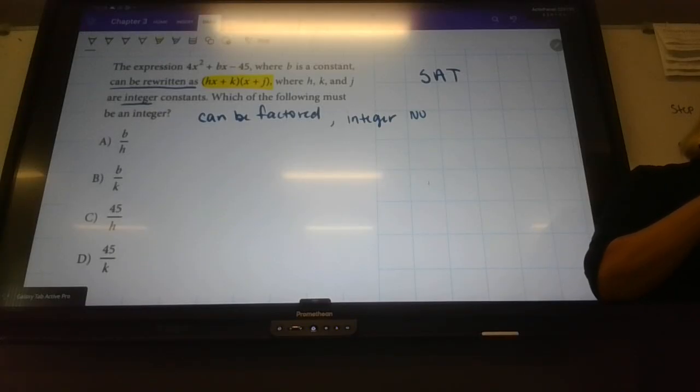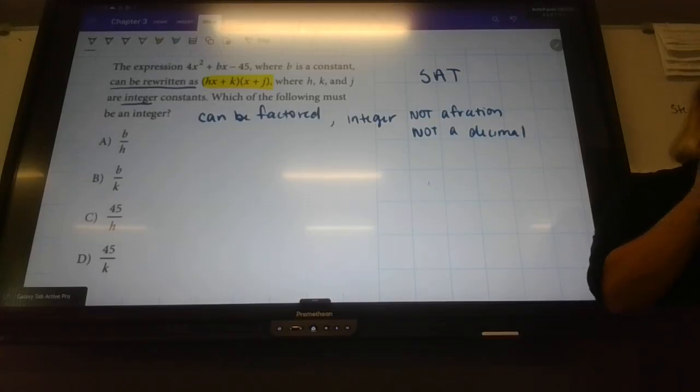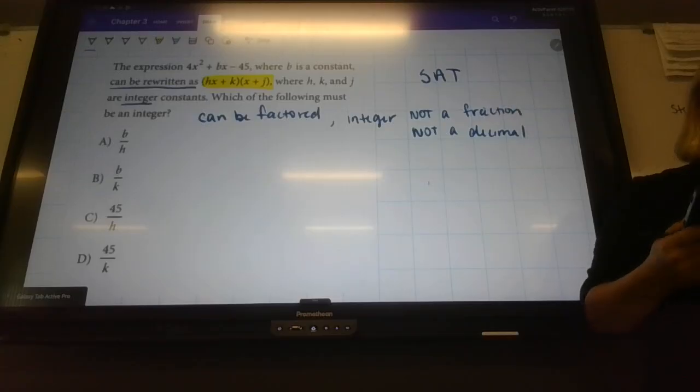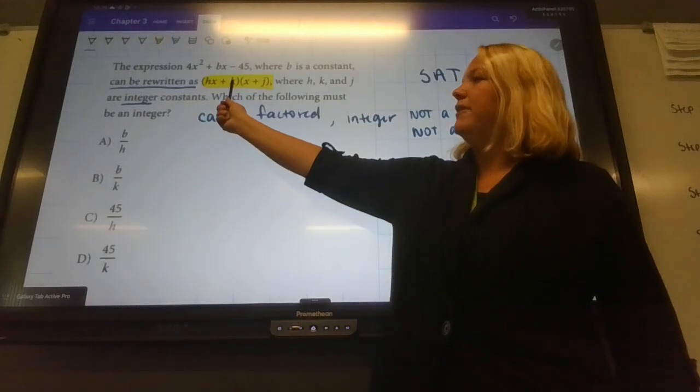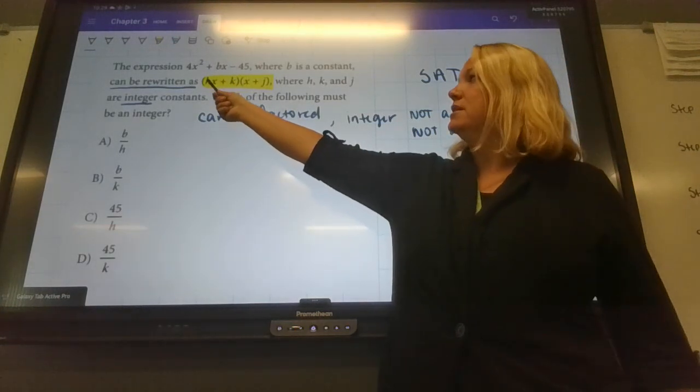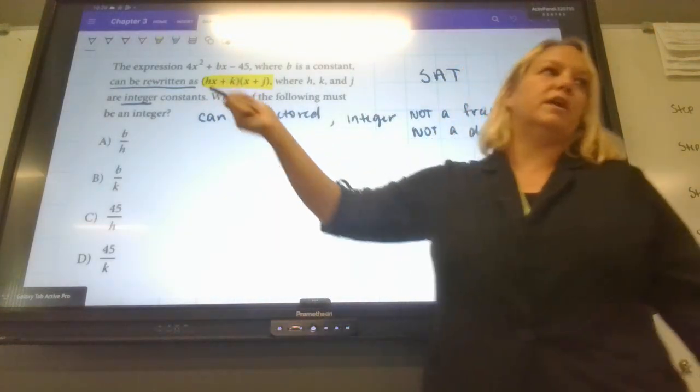Integer is not a fraction, and it is not a decimal. So they're telling you it's a number, not a fraction or a decimal. It can be positive or negative. Okay. So all of these words mean this can be factored, and when it's factored, these are not decimals and they are not fractions.